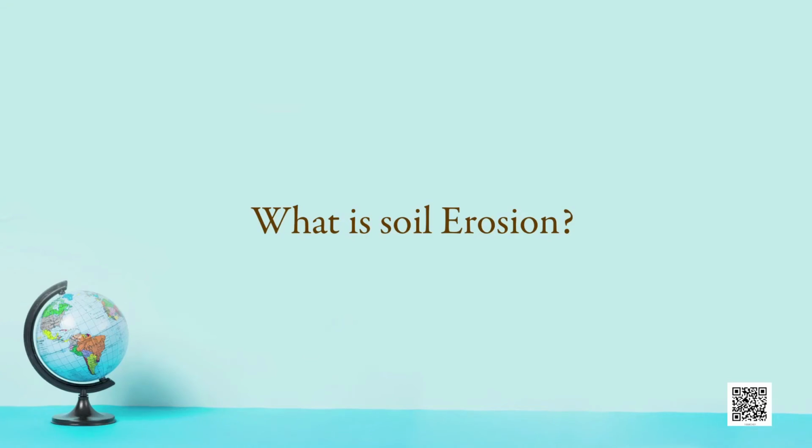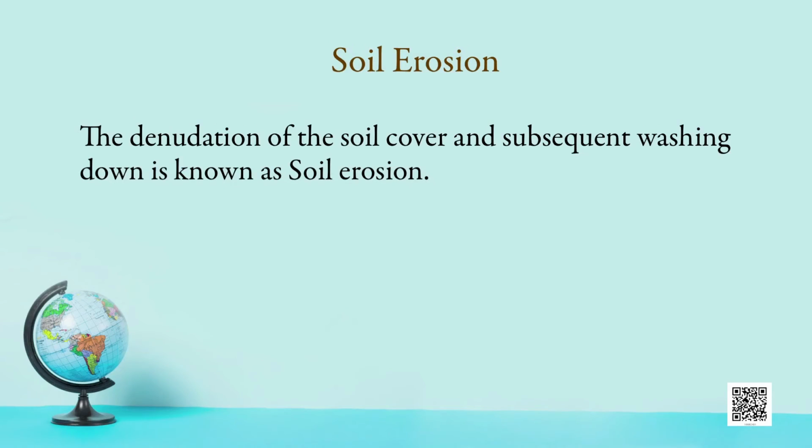Dear friends, you all are aware that soil is the most important renewable natural resource. We will now learn about soil erosion and the various causes of soil erosion and its types. What is soil erosion? Soil erosion refers to the denudation of the soil cover and the subsequent washing down.